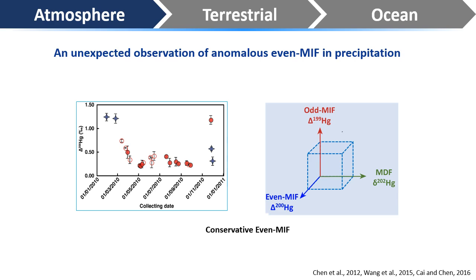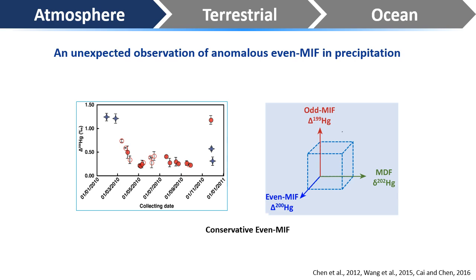I just want to mention that this even MIF observation was made by a rough path, because as I mentioned, the mechanism for even MIF remains unclear. So at the beginning, we found high values of capital delta 200 in our samples, and even in summer it was still there. So what we thought was, damn, the samples were probably contaminated in the lab.